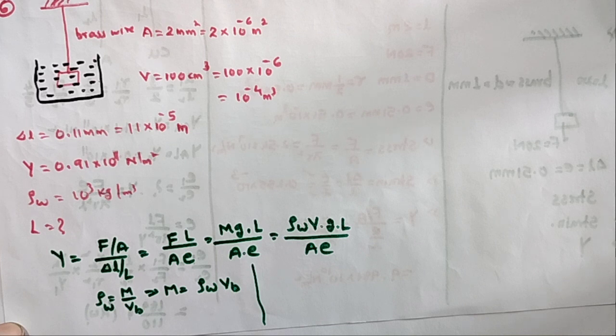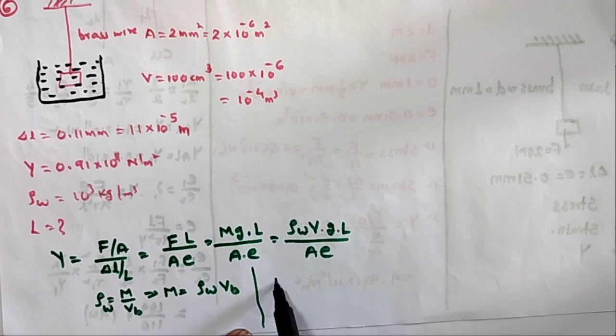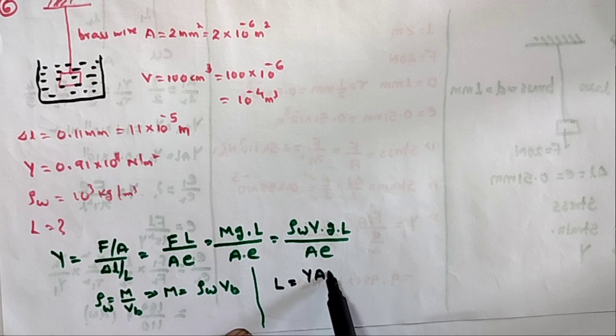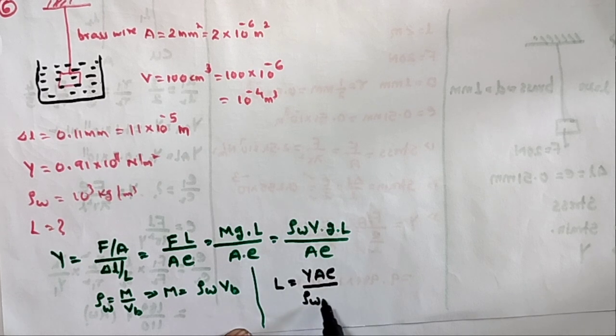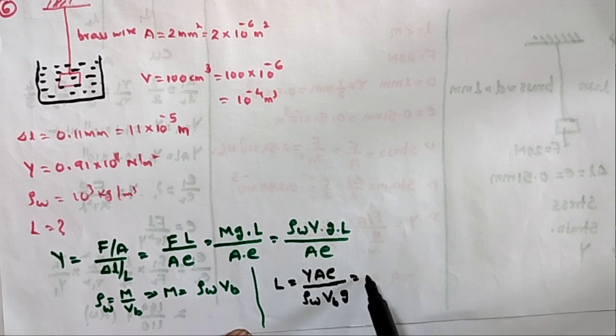Finally we can get the L formula: L is equal to Y A e by rho water volume of the body g. Substitute all values, and finally you get 2.04 meters.